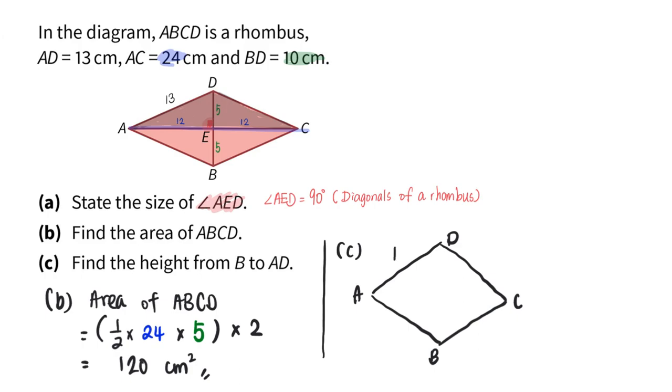And I have 13 here. And they want us to find this height from B to AD. Which means that from B to AD, this is going to be my height.